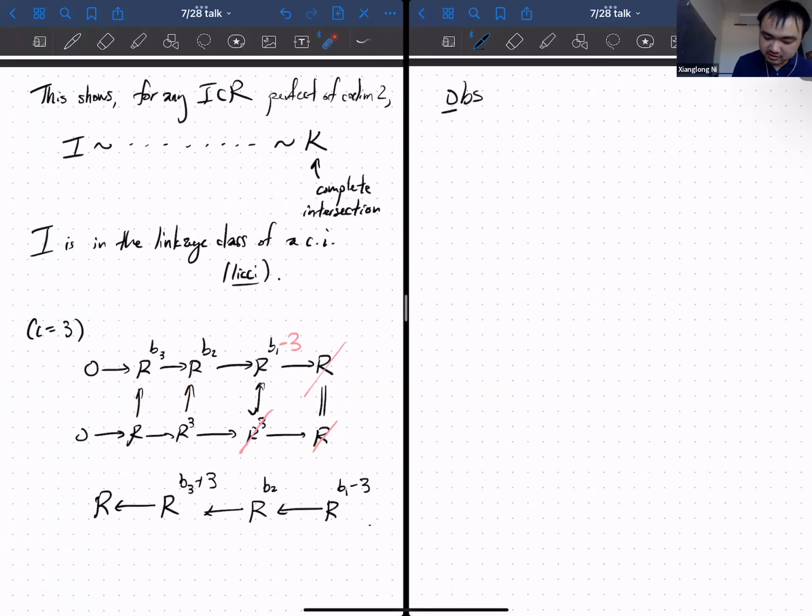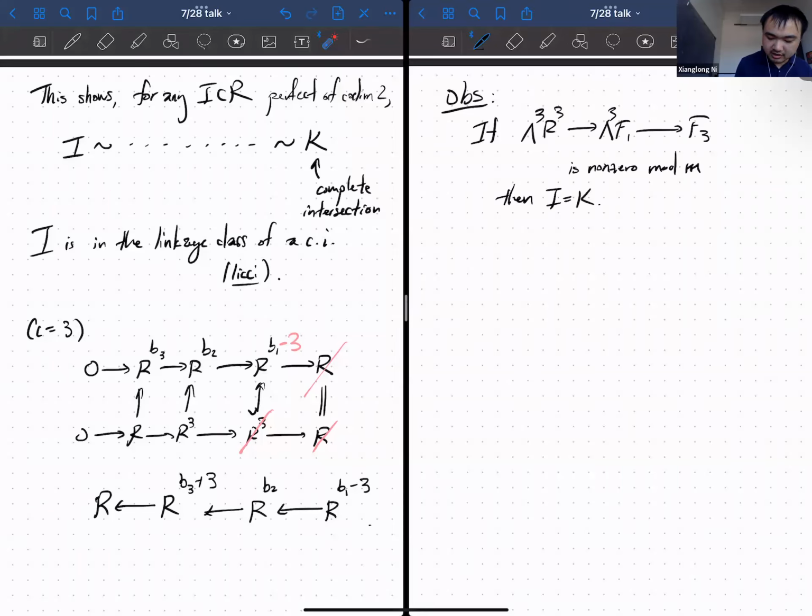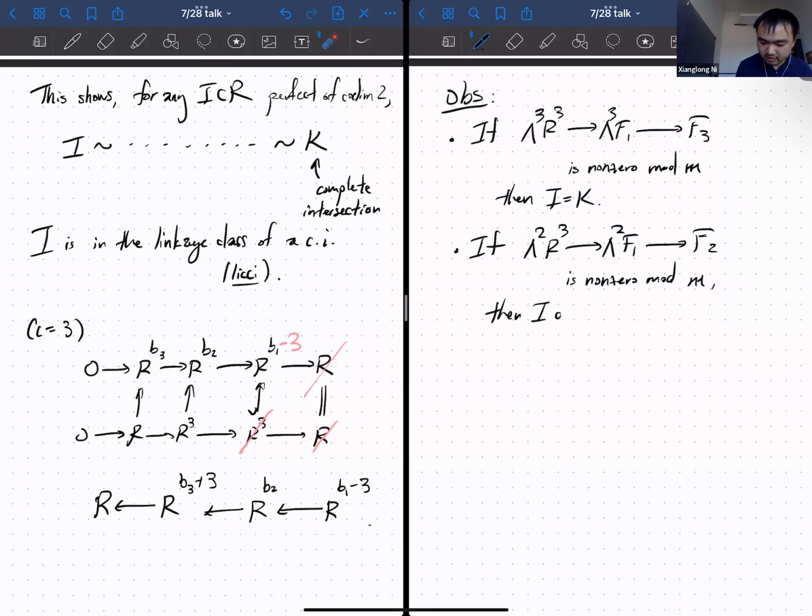So observation, if wedge 3 R3 to wedge 3 F1 to F3 is non-zero mod M, then I equals K. And then if wedge 2 R3 to wedge 2 F1 to F2 is non-zero mod M, then I get a drop in Betti number after link.